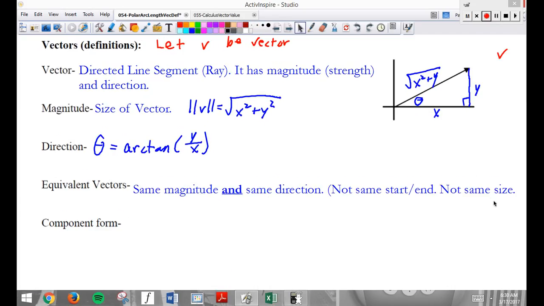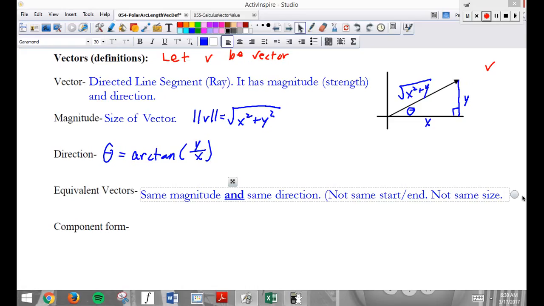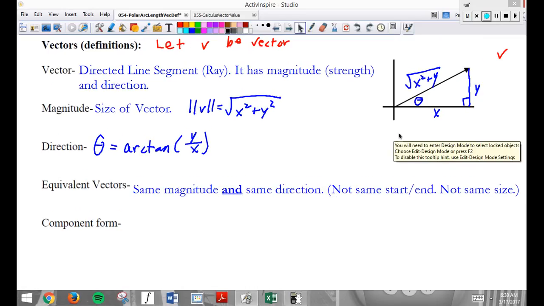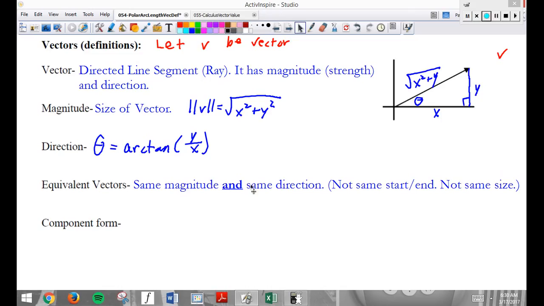Those were the two suggestions in class. Not same direction alone. It has to have the same magnitude and the same direction, both at the same time.